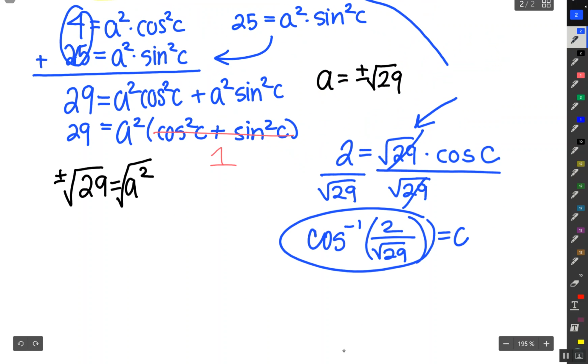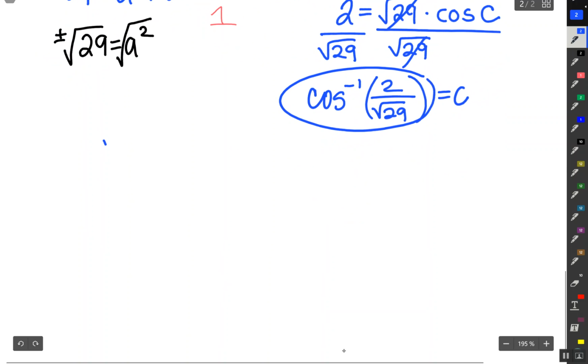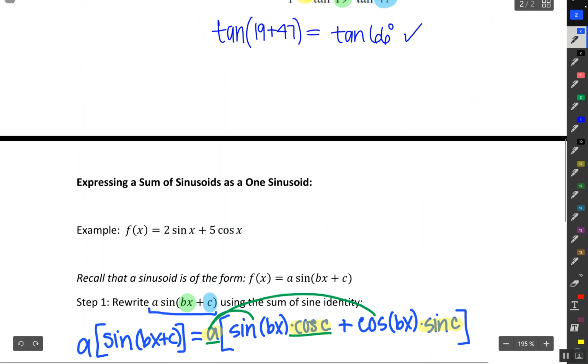So putting it all together, we now know that this is C. We know that this is A, or the positive one is A that we're going to use, and B is 1. So we can write the whole thing using that formula up here.